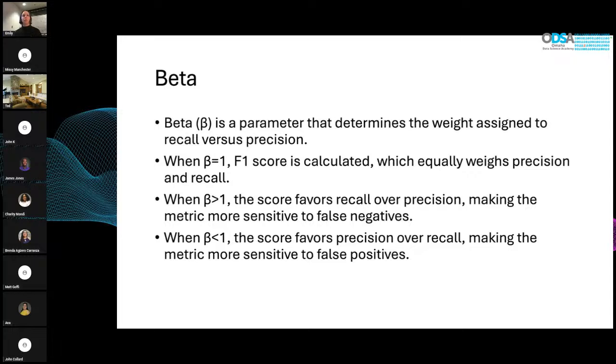It's a parameter of the performance metric, not of your model, of the performance metric. It's how you decide you're going to calculate the value. When beta equals 1, the F1 score is calculated. It equally weights precision and recall. When it's greater than 1, the score favors recall over precision.